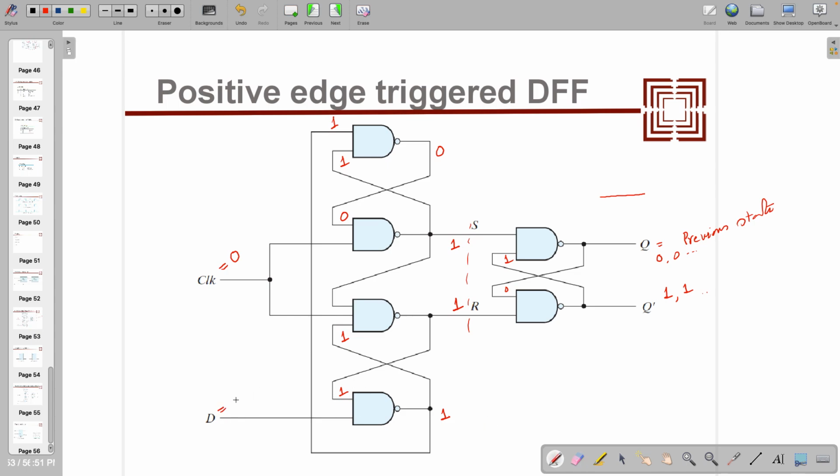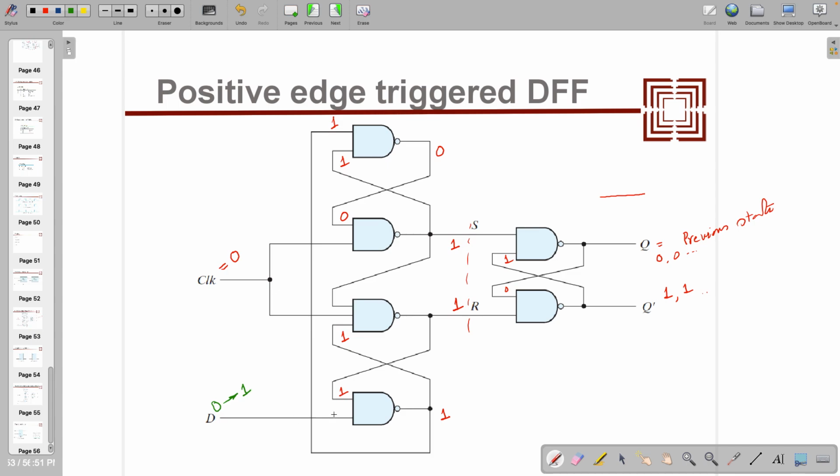If I am changing this D input from 0 to 1, now keeping all the previous conditions as they are, it's actually stored. If you do not power it down, all these ones and zeros will be stored as they are. Now I am changing this D from 0 to 1. Then what's going to happen?